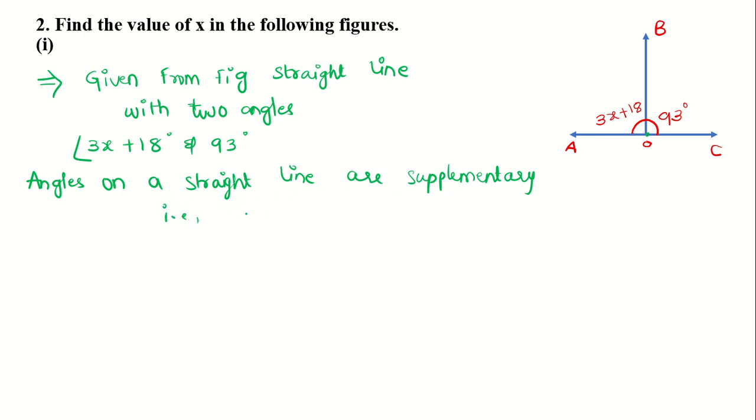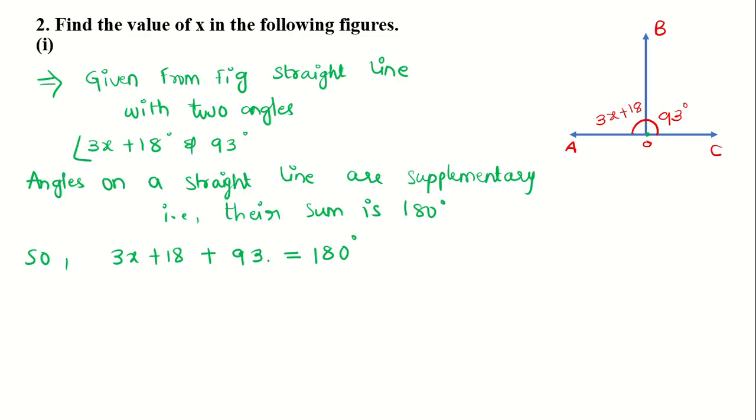That is, their sum is how much? Their sum is 180 degrees. So, 3x plus 18 first angle plus 93 second angle is equal to 180 degrees.